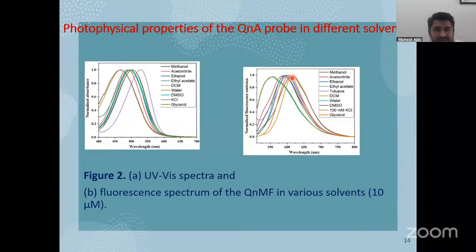Larger Stokes shifts are observed in polar and hydrogen bonding solvents such as DMSO, glycerol, and water, indicating strong stabilization of the excited state through dipolar relaxation. There is a significant red shift in viscous glycerol, which is due to viscosity-dependent emission.